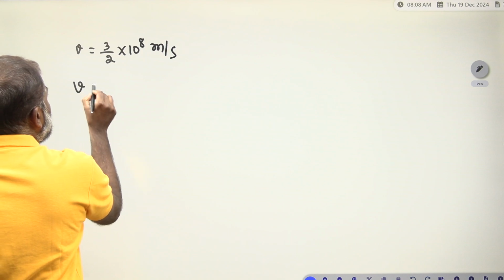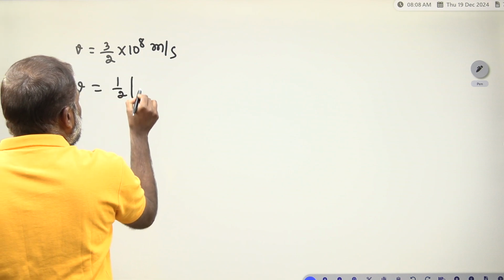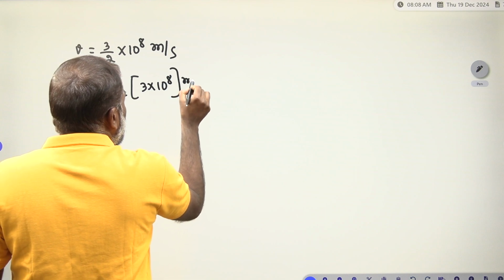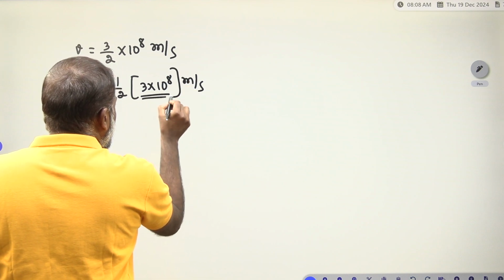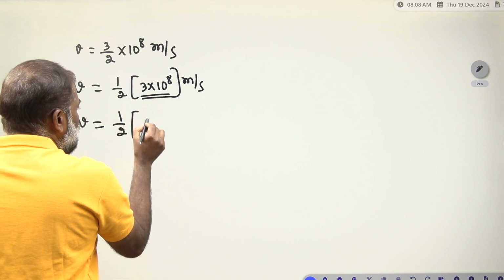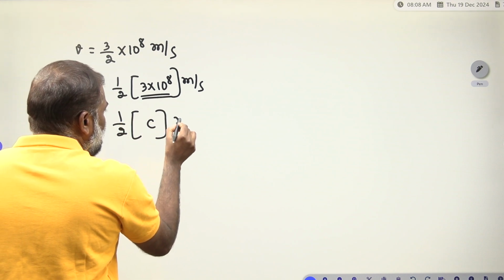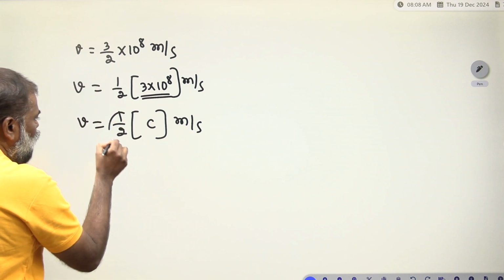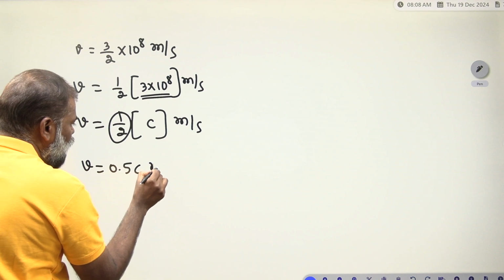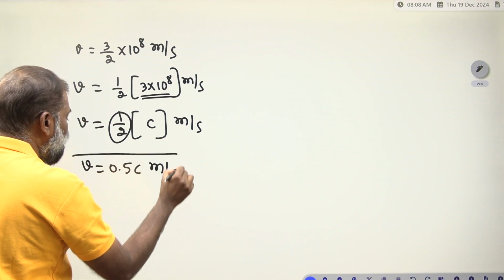So therefore v is equal to 1 by 2 into 3 into 10 to the power of 8 meter per second. Based on the answer you have to bring it, so this 3 into 10 to the power of 8 is the c, meter per second. So therefore 1 by 2 is equal to 0.5 c meter per second also we have to write.